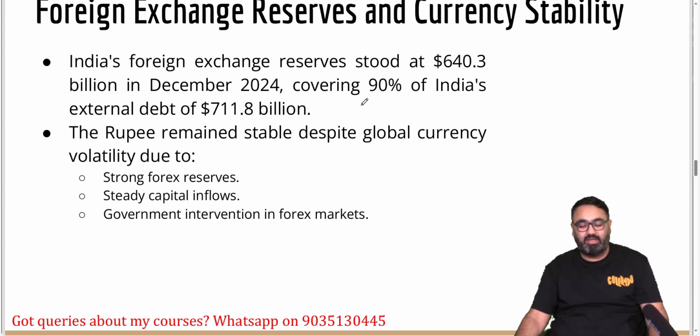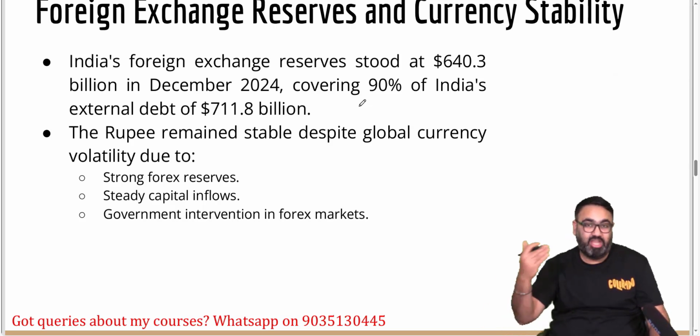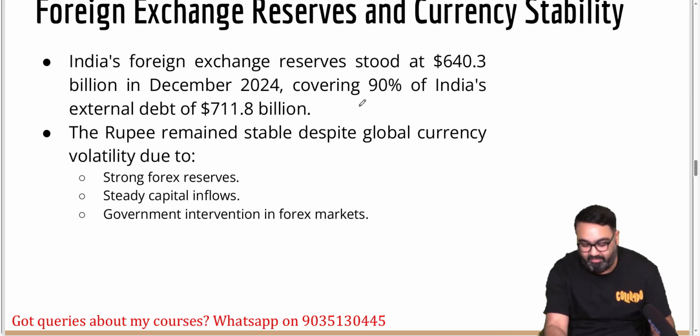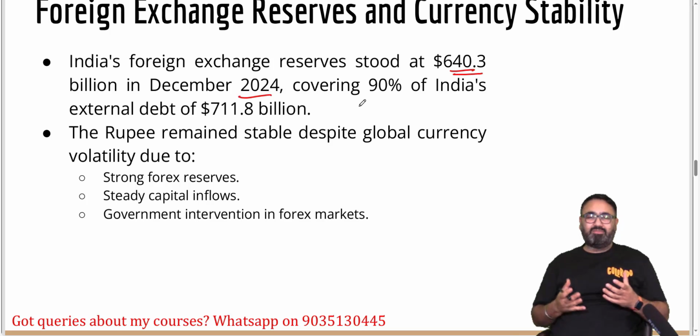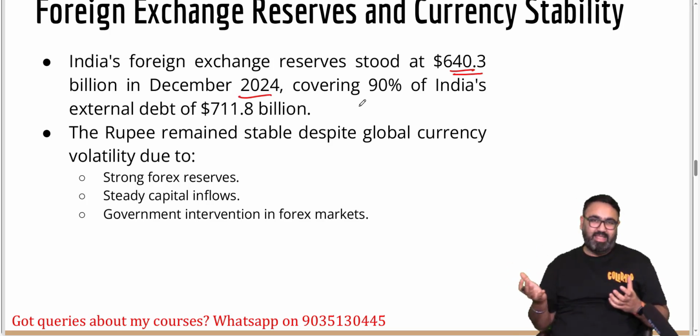About foreign exchange reserves, it's extremely important for having a stable currency that you have significant foreign exchange reserves. India's foreign exchange reserves stood at about $640.3 billion by the end of December 2024. Usually, foreign exchange reserves are compared with the external debt that the government has.